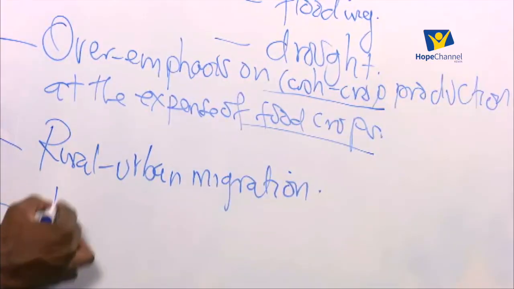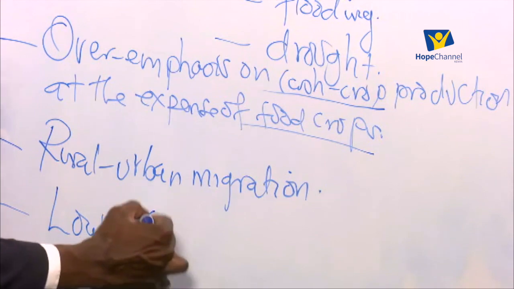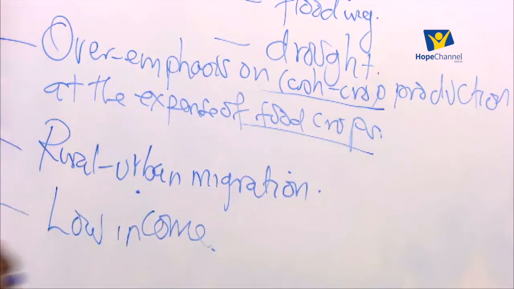And then the next one we said was lack of adequate capital, or we talk about low income. So third world countries, we have said they survive on less than $2 a day. So these $2, what are we going to use this money for? Are we going to buy farm products, or are we going to buy food for survival?